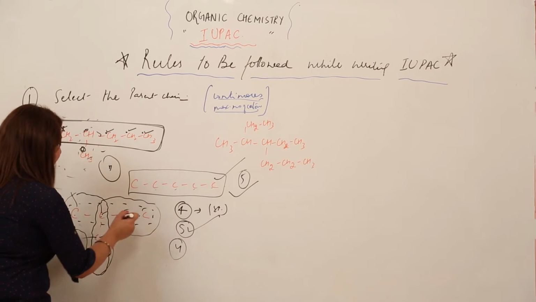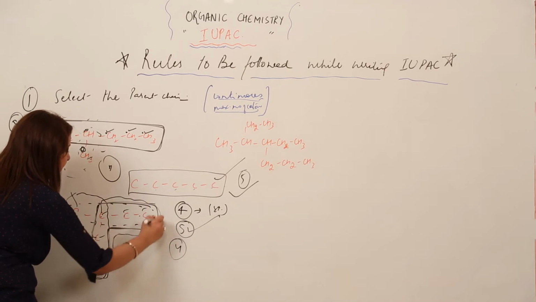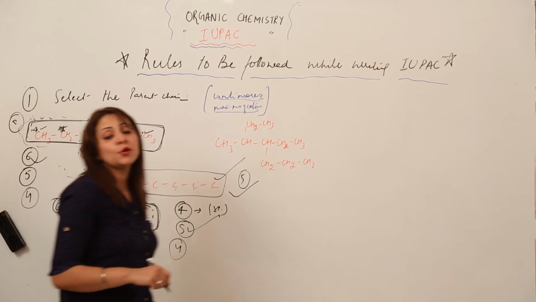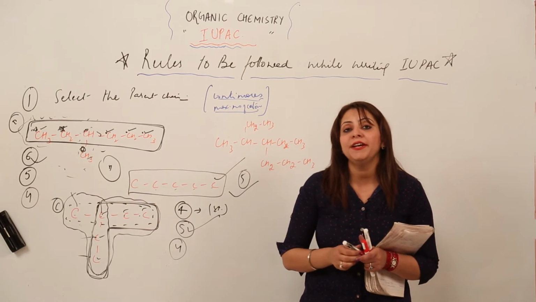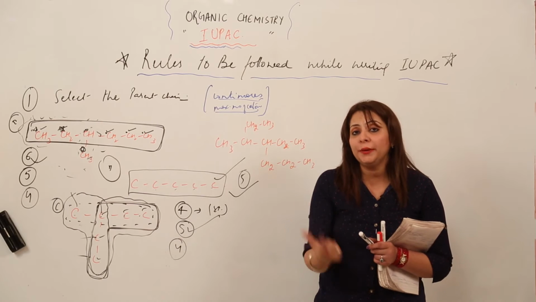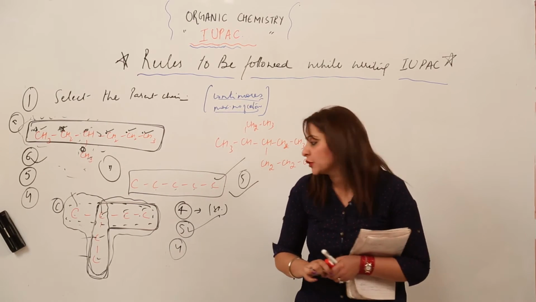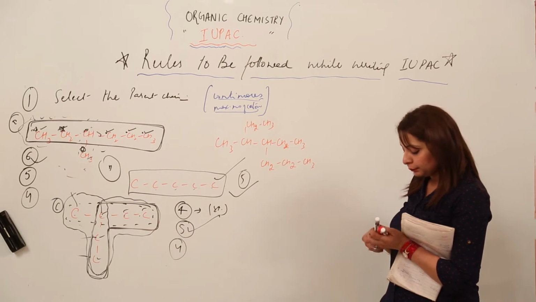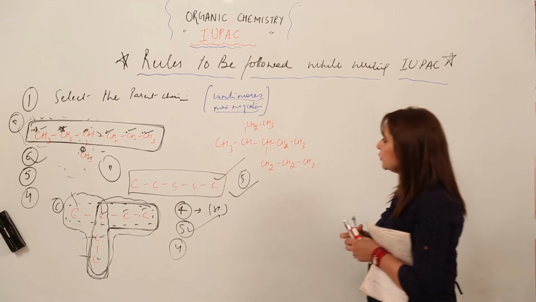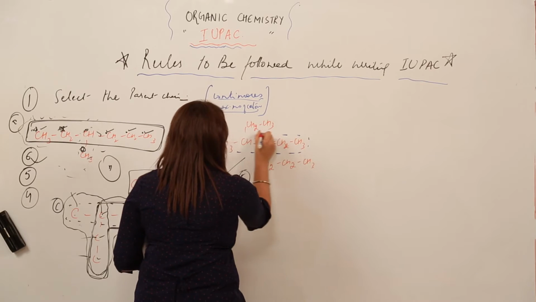So the parent chain selected is this one, because it comprises the maximum number of carbon atoms, and we know that while selecting a parent chain we need a chain which should not break in the middle, and it should possess the maximum number of carbon atoms. So we have this parent chain. Similarly in this case we get to have the parent chain, this one.